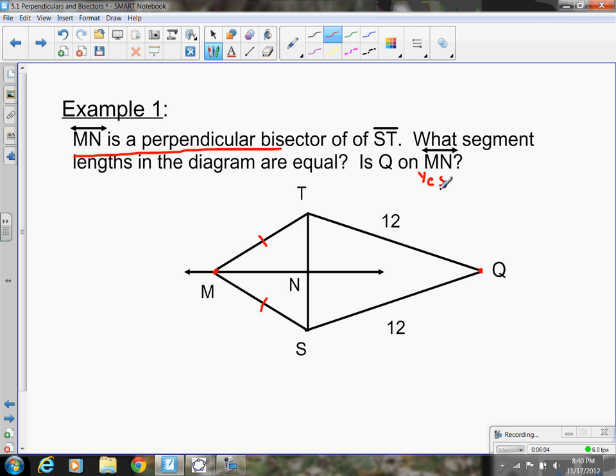Okay, yes. And you notice my handwriting is a little sloppy today. I'm not actually doing this with a mouse. Those are the same, so that one's yes. And since MN is a perpendicular bisector, we know these are true. That's where I got that from.